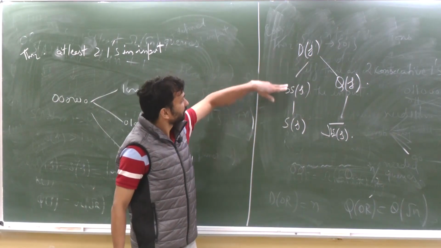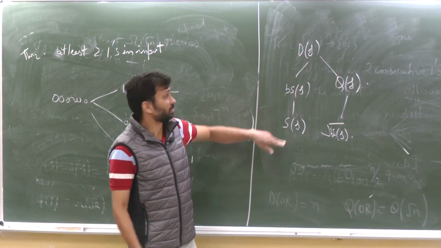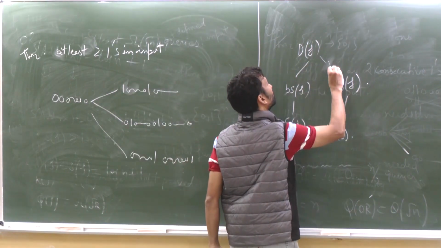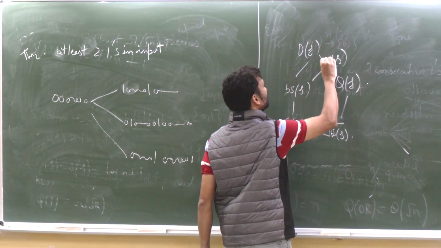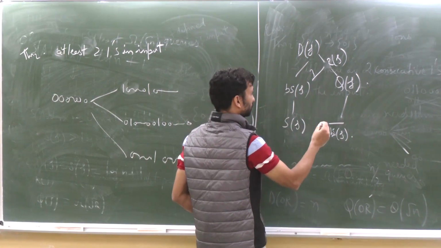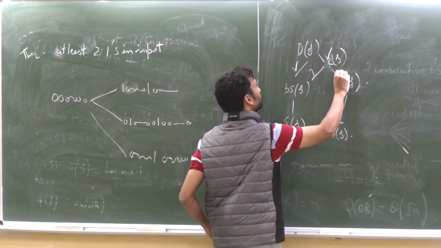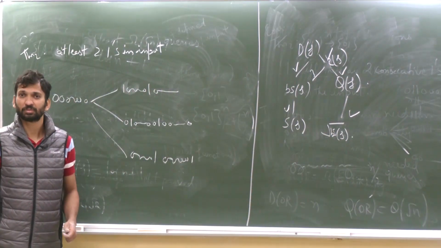So df is bigger than block sensitivity is bigger than sensitivity. You can even put RF. Some of these I am not proving, so this needs to be proved, but this we have proved, this we know, this we know, this we know.